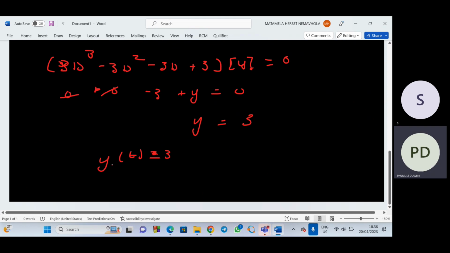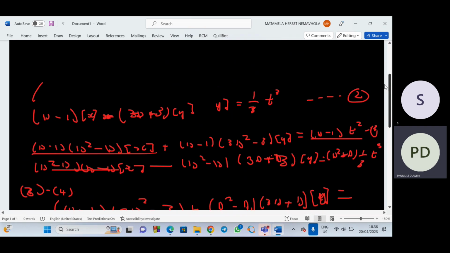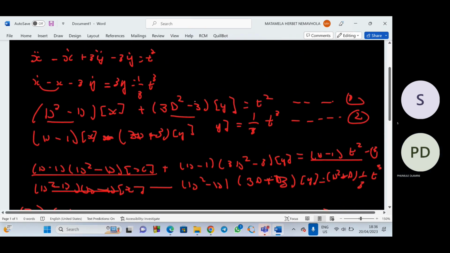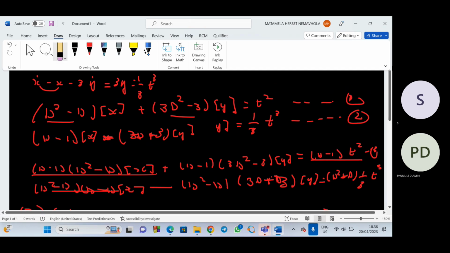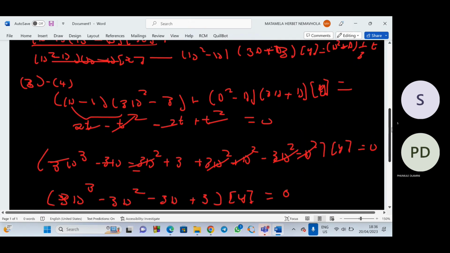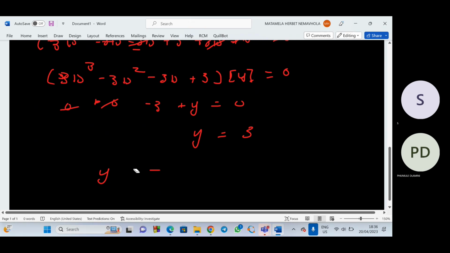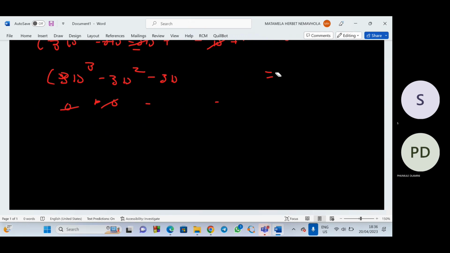We will substitute y of t in equation 1. Let me erase. y of t equals 3.